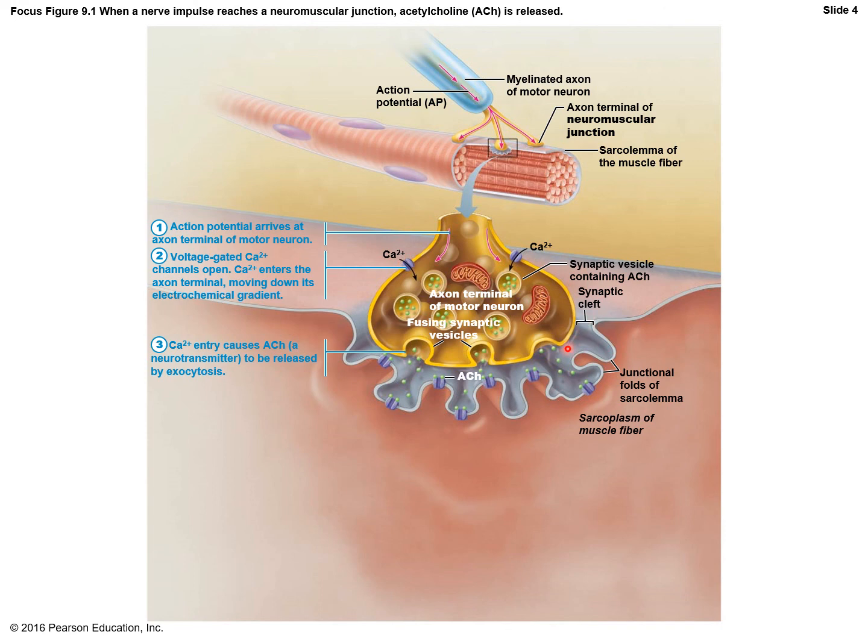Now, the neuron is coming right in at the muscle, but it's not physically attached to it. There's a little tiny space. We refer to this as the neuromuscular junction because you've got a neuron and a muscle, and it's where they're interacting. Now, the space between the neuron and the muscle is known as the synaptic cleft.